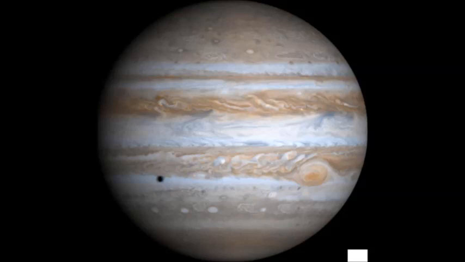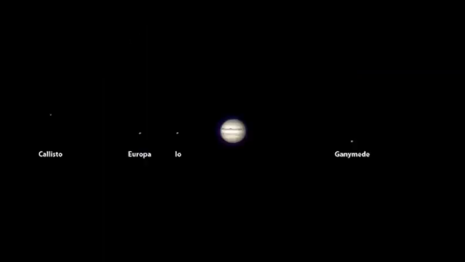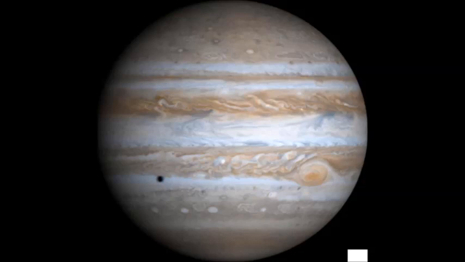And Galileo, of course, was able to observe it when he looked through his scope in 1609. He was able to observe not only the planet itself, but 4 of the moons, the largest 4 moons: Io, Europa, Ganymede, and Callisto.